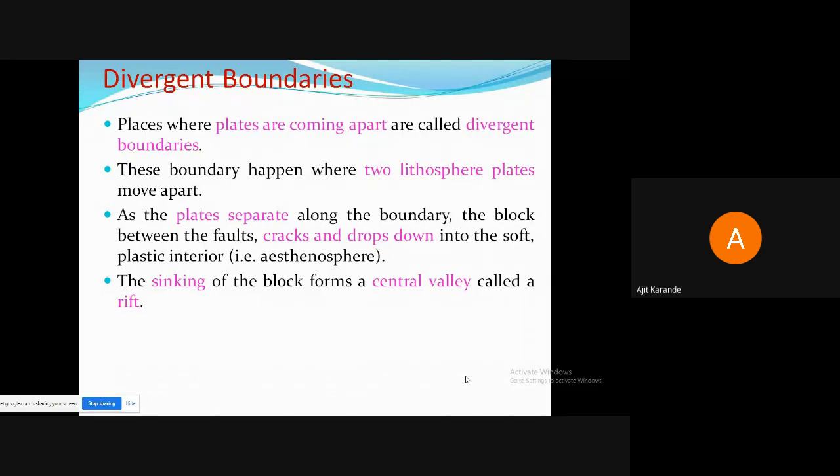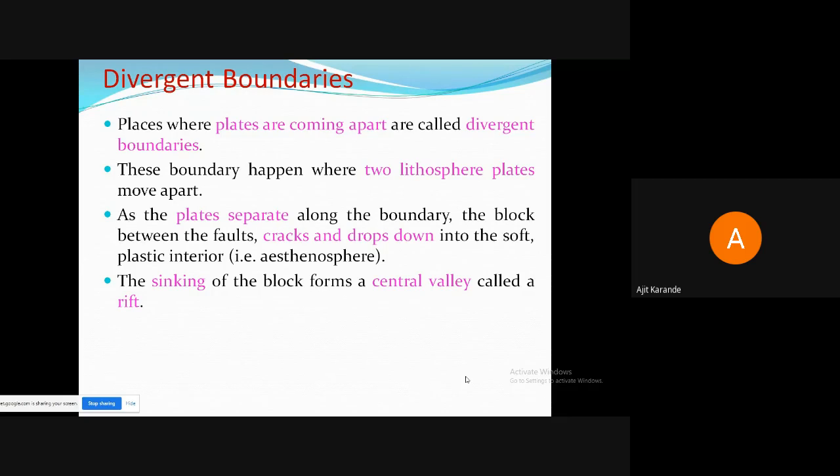So convergent boundaries are also called destructive margins, and divergent boundaries are called constructive zones or constructive margins, because in this case new rock masses are formed or created.